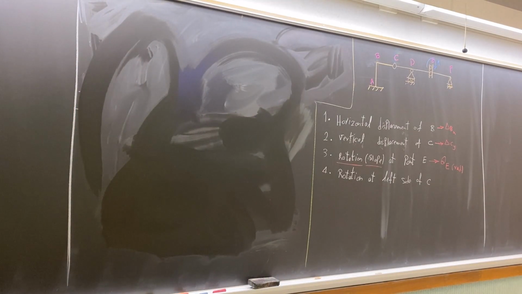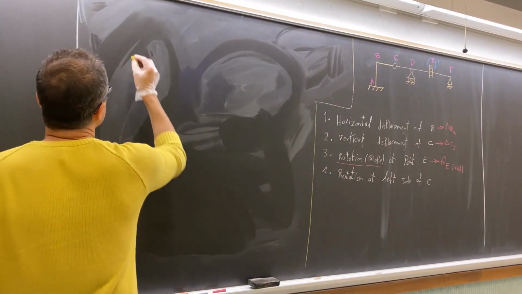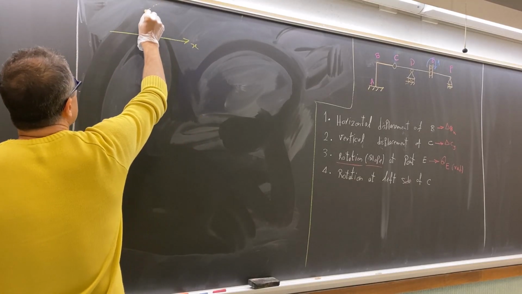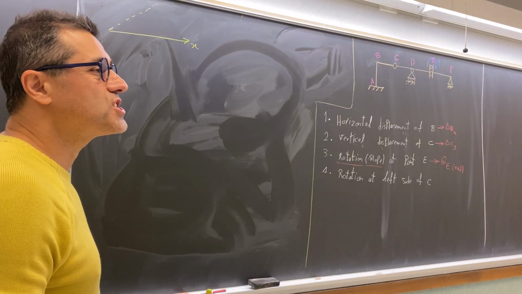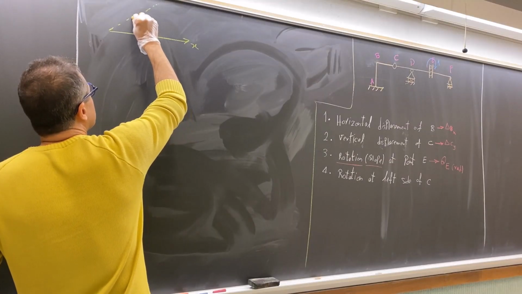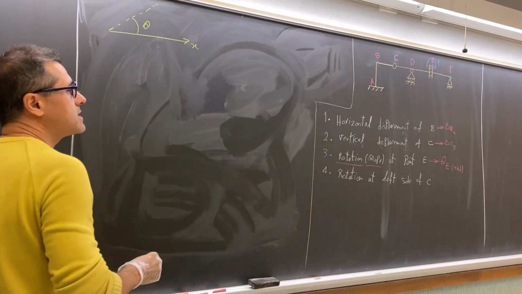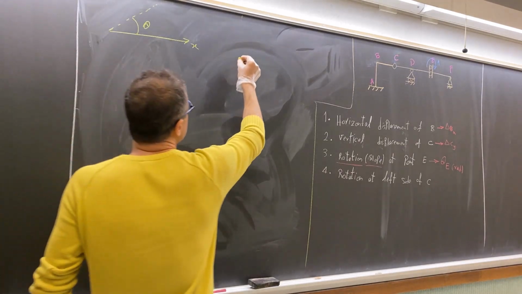Theta is the angle from the horizontal axis. So if this is x, and you draw a tangent line on the deflection shape of your structure, that point will form an angle with x. This is theta.